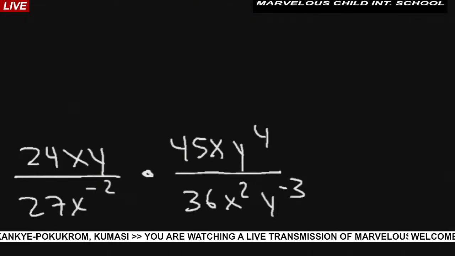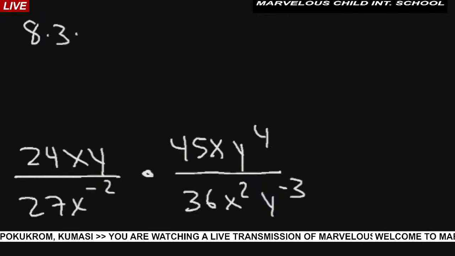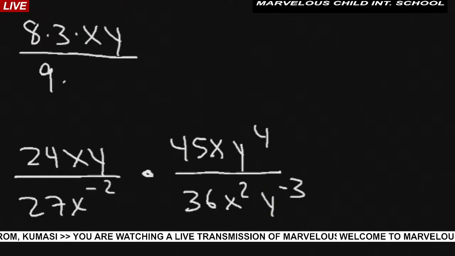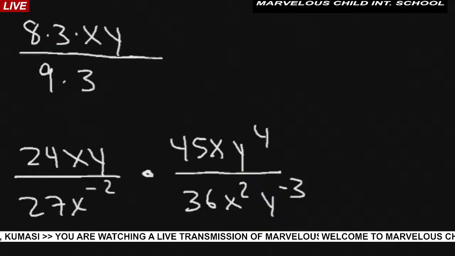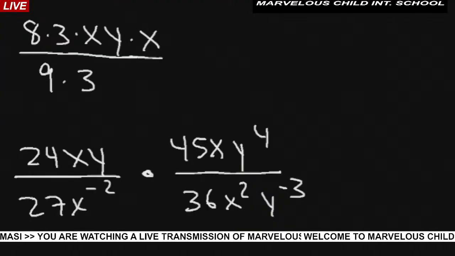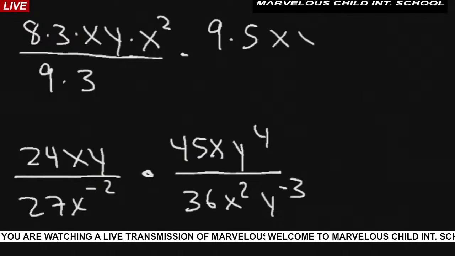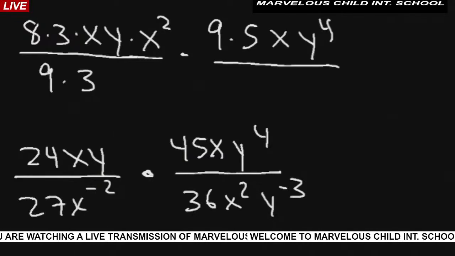So let's rewrite 24 as 8 times 3. 27, we can make it 9 times 3. And we can move the x to the negative 2 to the top. 45, let's make it 9 times 5. And 36, we could make that 9 times 4, or 6 times 6.